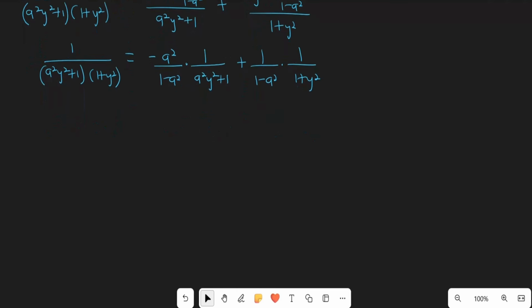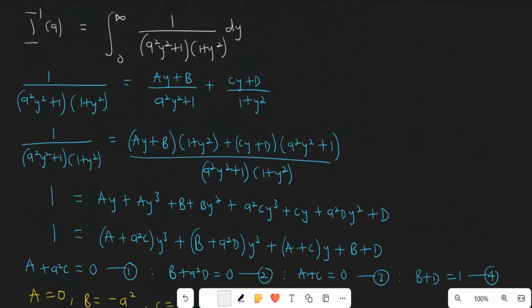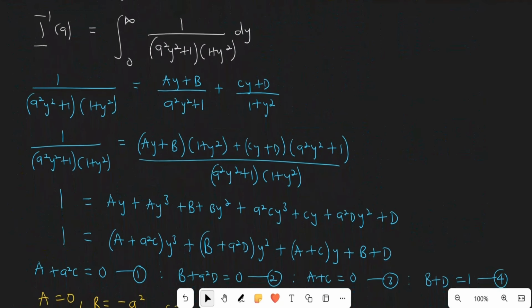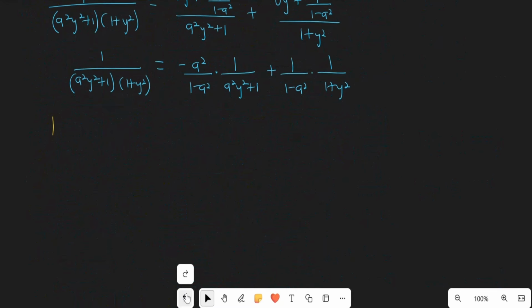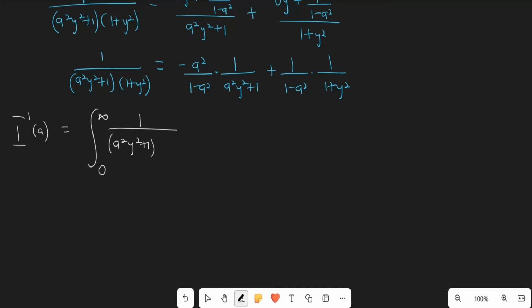So now the integral, which is I prime of a. When we go back up, I prime of a is going to be the integral of that, this one, right? I prime of a is equal to the integral from 0 to infinity of 1 all over a squared y squared plus 1 times 1 plus y squared dy.